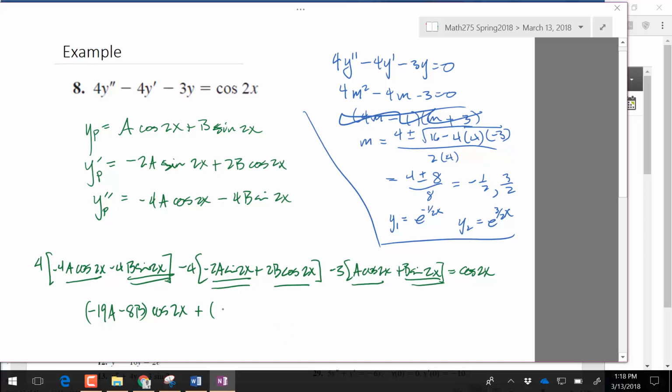So let's start with the a, the sine. This is going to be positive 8a. And then the b would be negative 16 minus 3. That's negative 19 again, right?